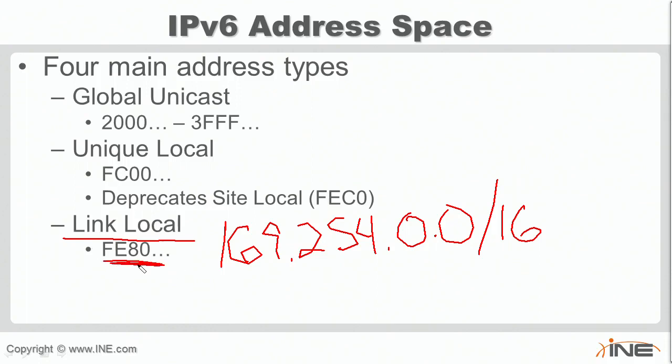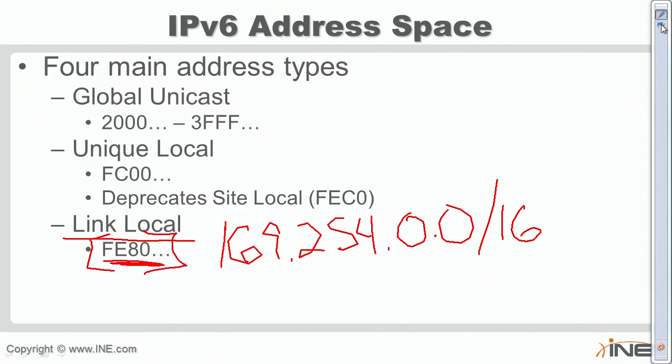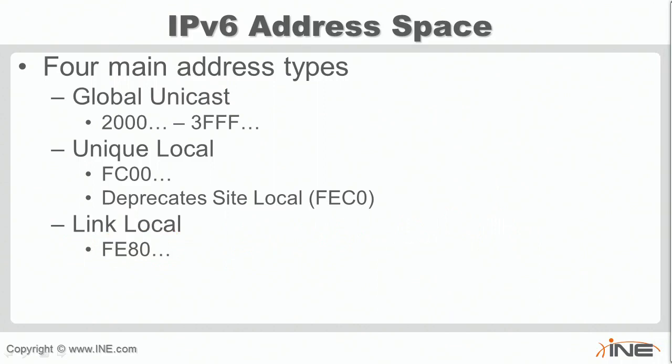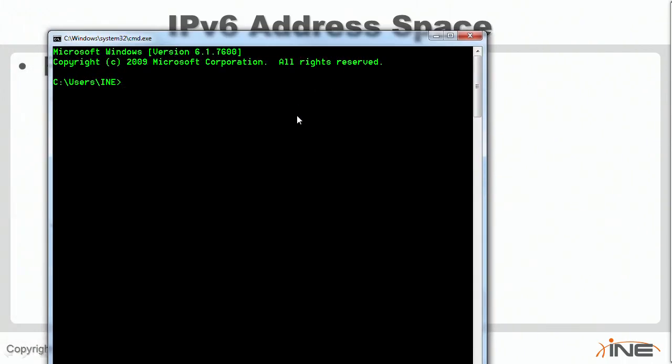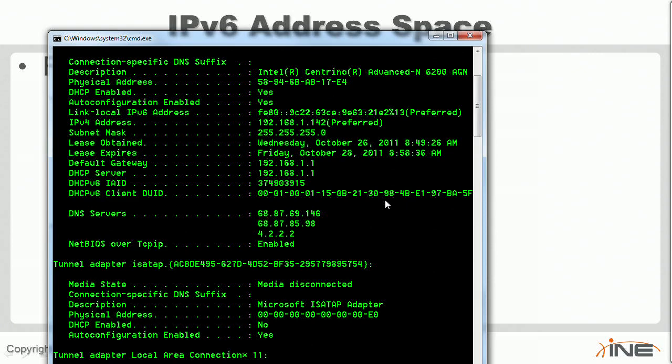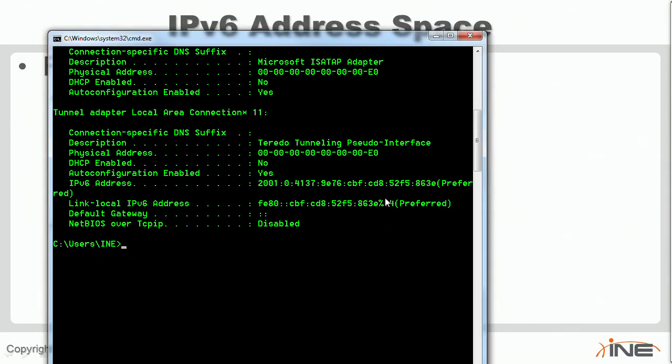But IPv6 is going to have some special uses for these. These are the ones that start with FE80. If you look at your Windows machine, or your Mac OS machine, assuming you're running one of the later versions of the OS, when you look at the ipconfig /all, you'll see that it's going to choose some of these addresses.